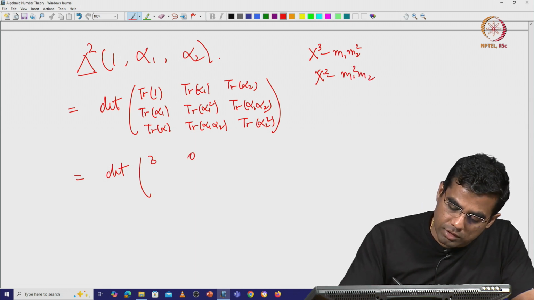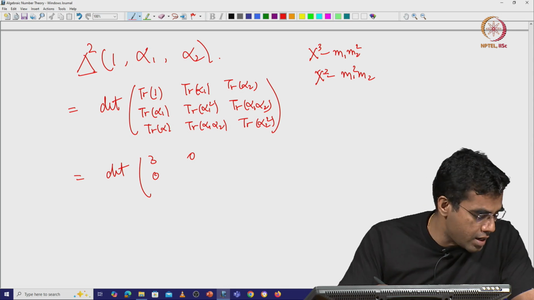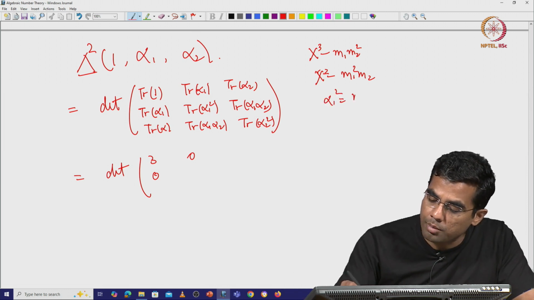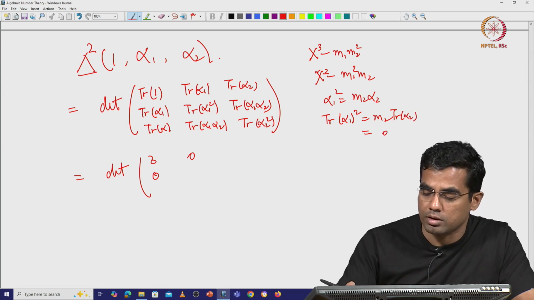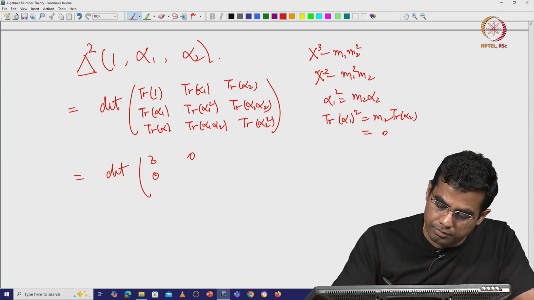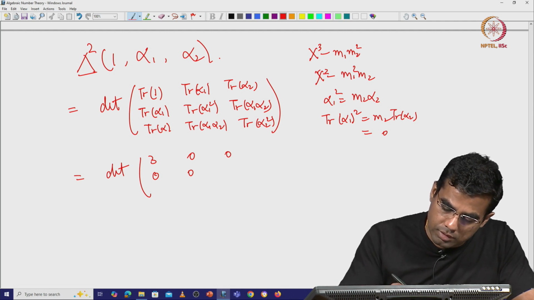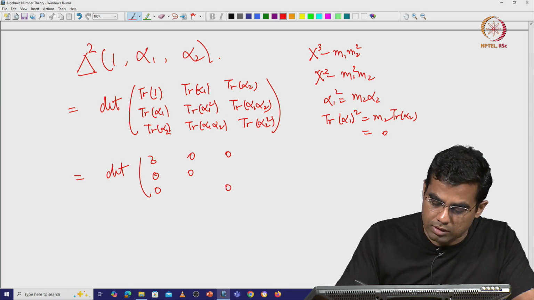So this trace is 0, this trace is 0. What is the trace of alpha 1 squared? We know that alpha 1 squared is M2 times alpha 2, so the trace of alpha 1 squared is M2 times the trace of alpha 2, which is again 0. So this is 0, this is 0, this is alpha 2, this is 0, and then this thing is 0.